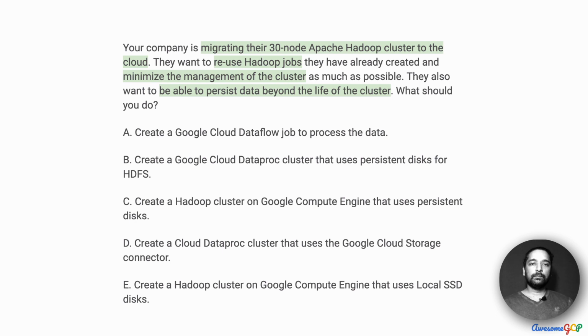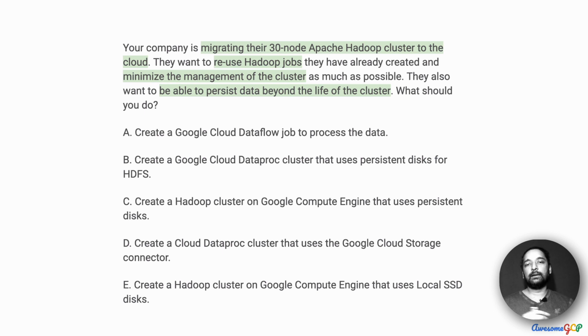At the same time, they also want to minimize the management of the cluster. So they want to bring down the administrative overhead of managing the cluster itself, while not making a lot of code changes, and therefore the reason to use the Hadoop jobs that already exist.